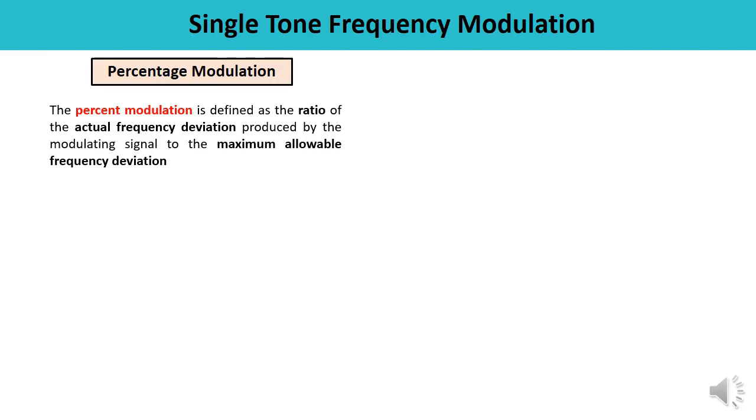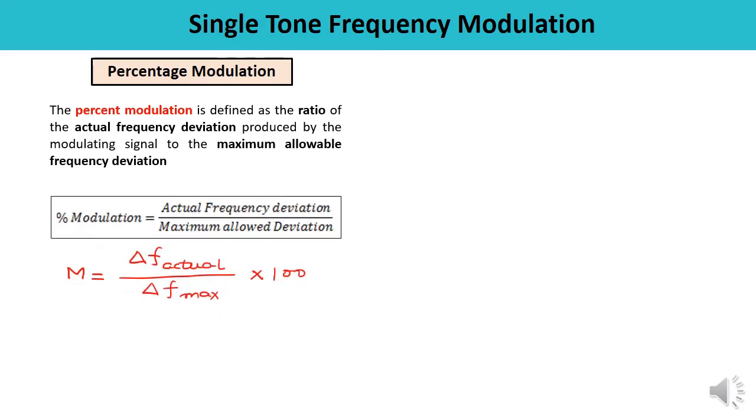Because we are talking about the deviation, the actual frequency deviation is delta F actual, and the maximum allowable frequency deviation is delta F max. So we can write the formula as percentage modulation equals delta F actual upon delta F max, and because we are talking about the percentage, the value must be multiplied by 100.